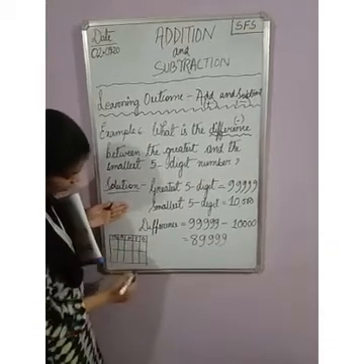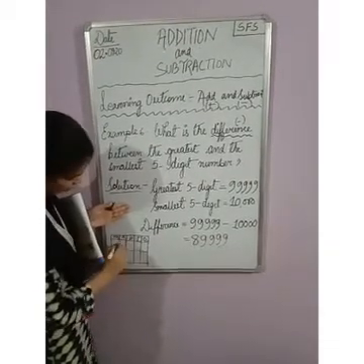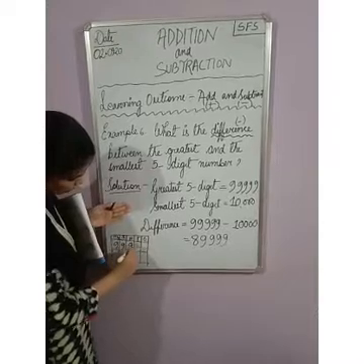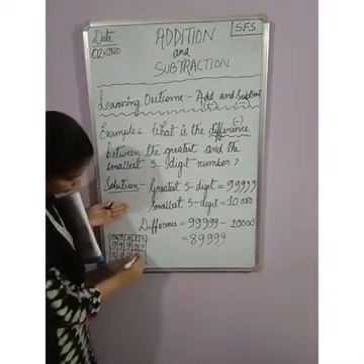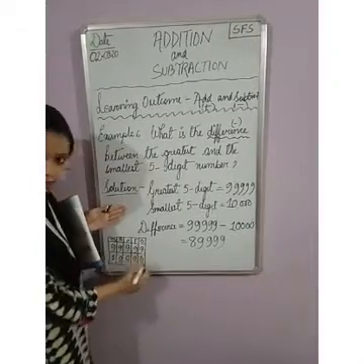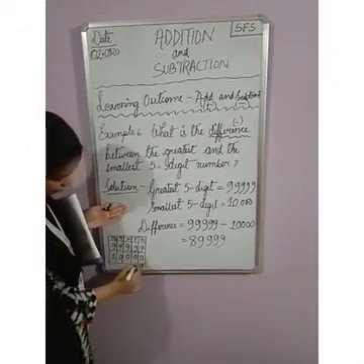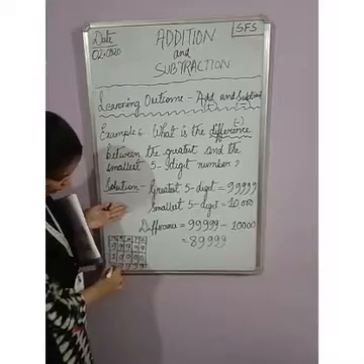TTH means ten thousands. The number is 99,999 minus 10,000. So the answer we got is 9 minus 0, 9, 9, 9, 9 and 8.